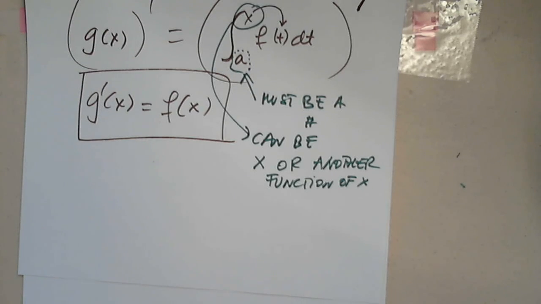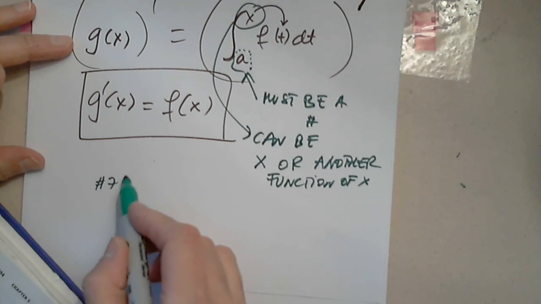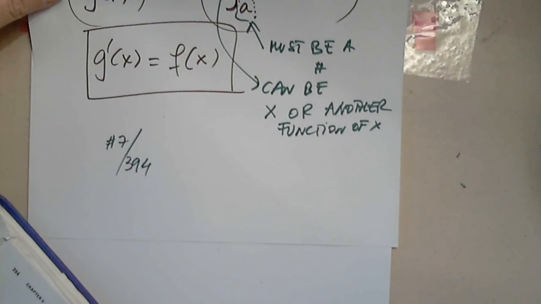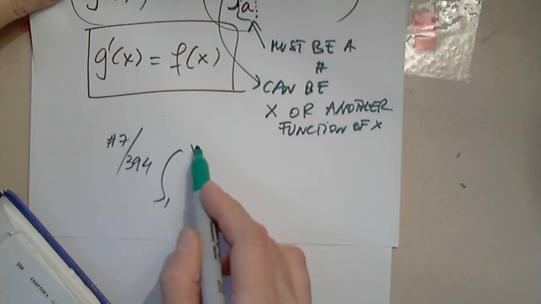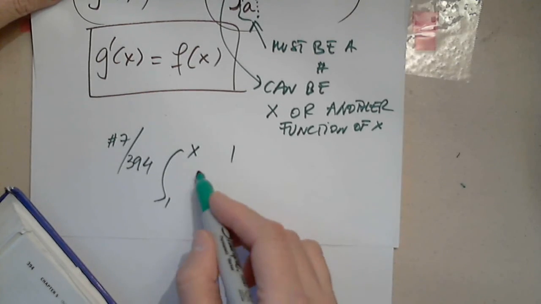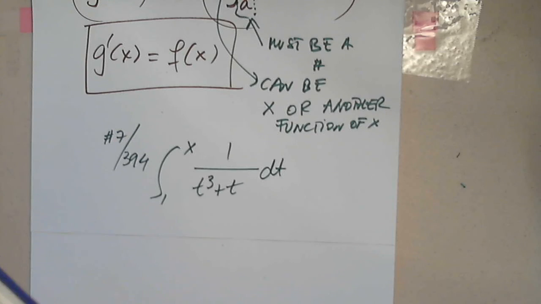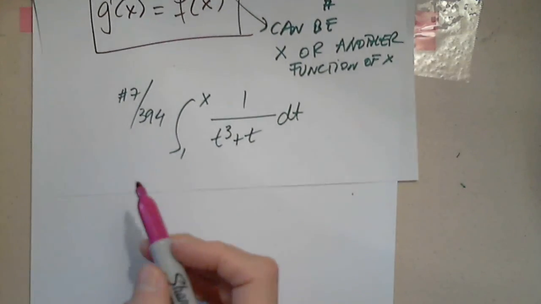Let's start with a simple one. They are on page 394. I'm going to start really with number 7 on 394. The easiest I could find. So the integral from 1 to x from 1 over t cubed plus t dt. This question can only ask us to differentiate.